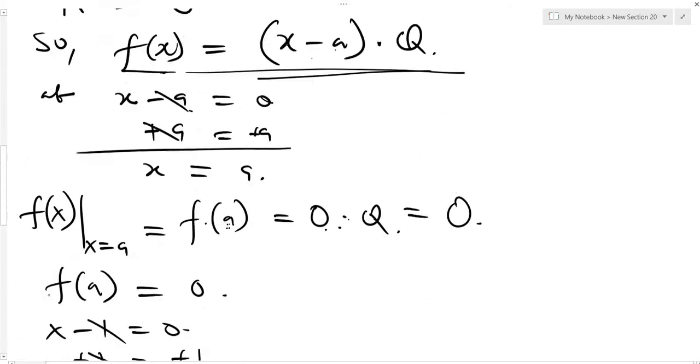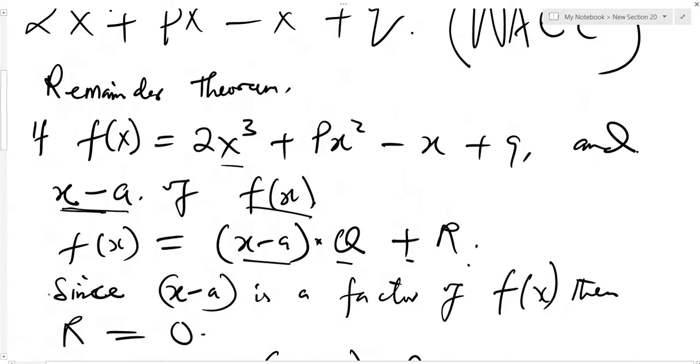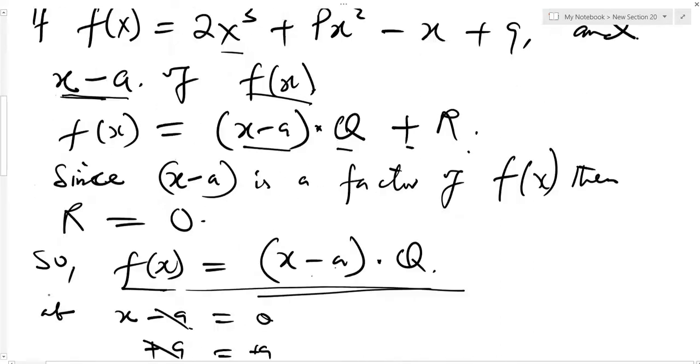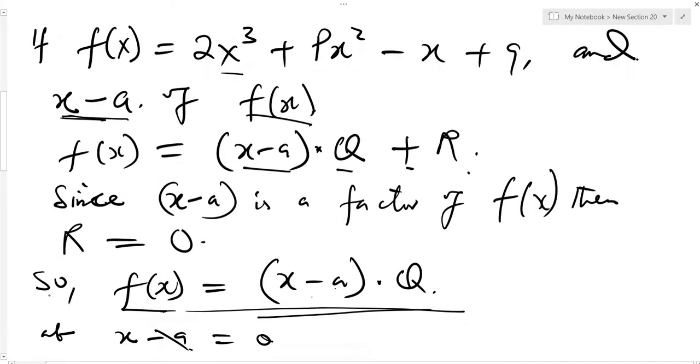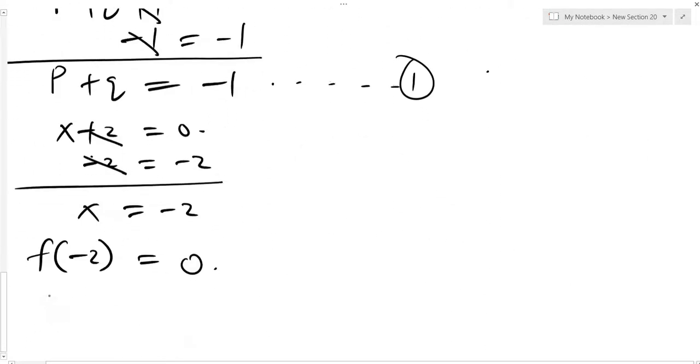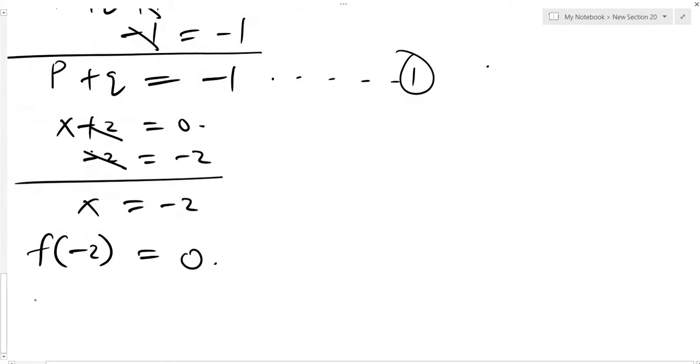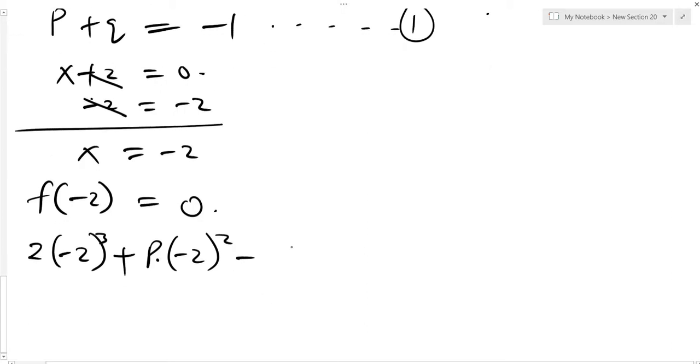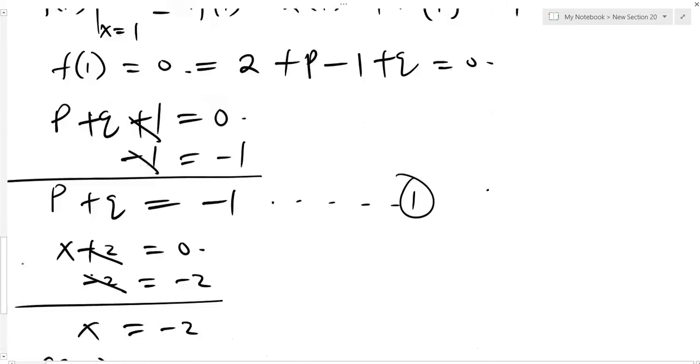So we have f of x to be 2x cubed plus p x squared minus x plus q. So 2 times minus 2 cubed plus p times minus 2 squared minus minus 2 plus q is equal to 0.